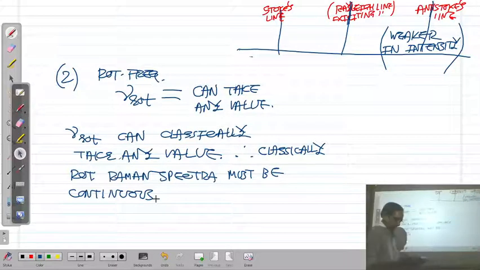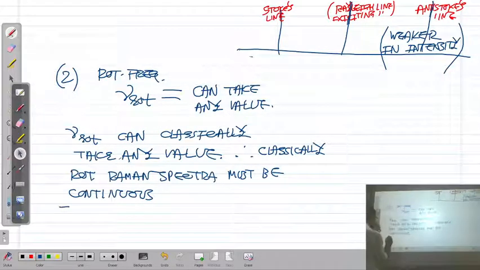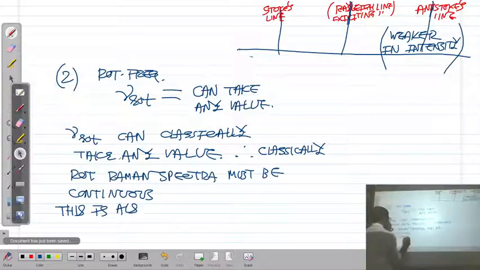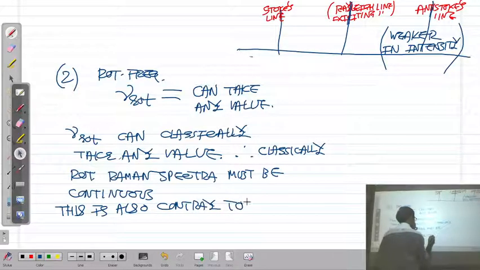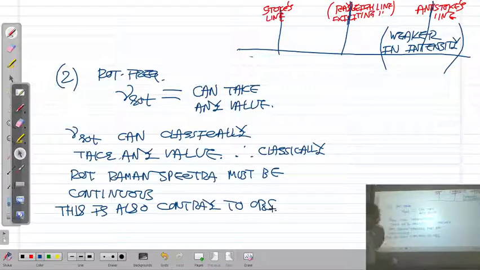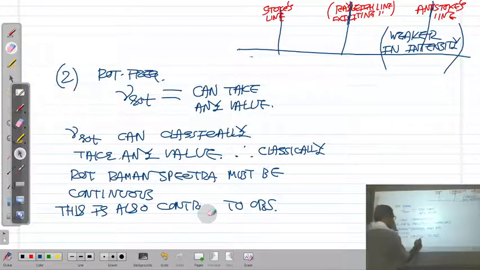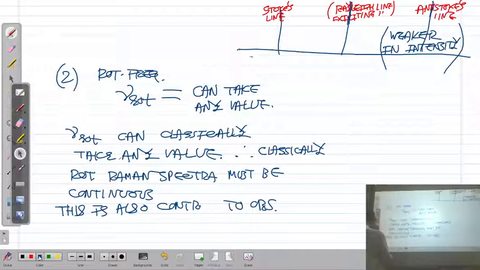Right? This is also contradictory to the observation.